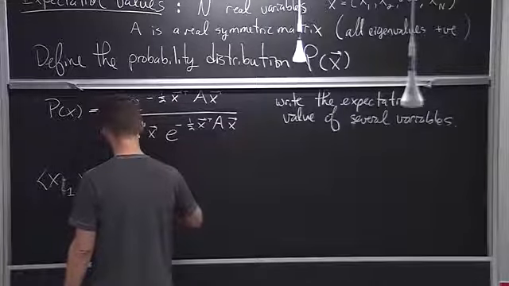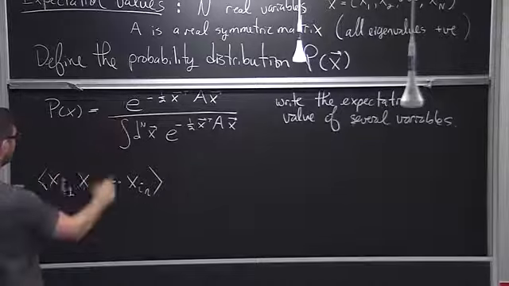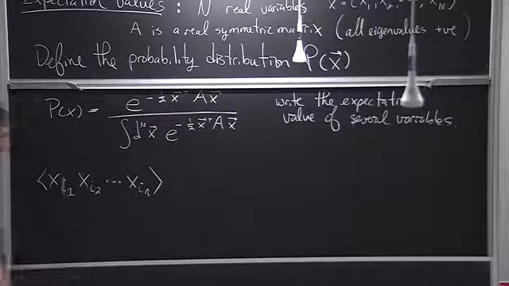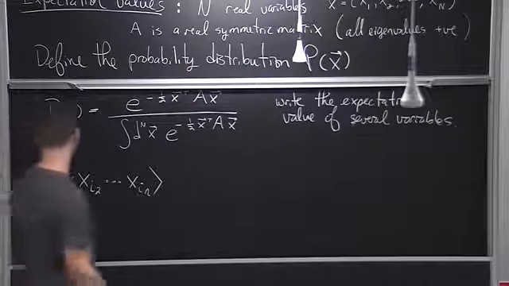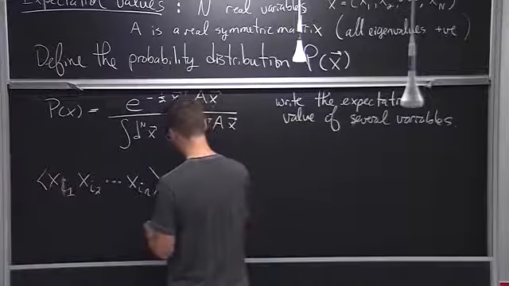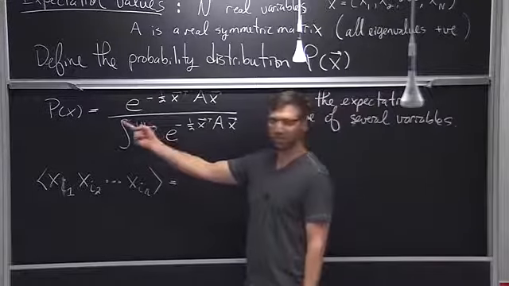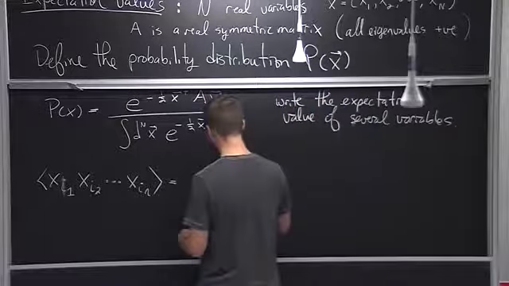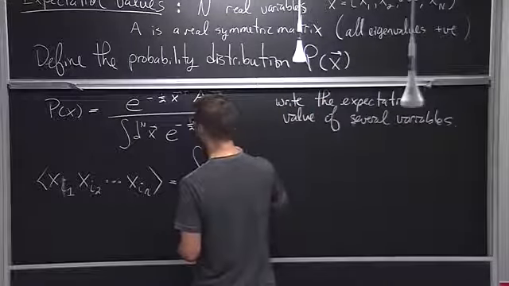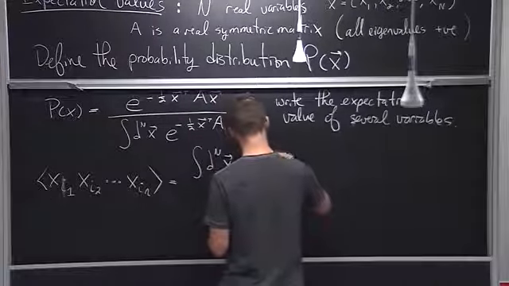So there's big N real variables, but I'm only interested in the correlation function between small n of them. Could be 2, could be 1, but let's deal with even numbers in our mind. So what we're doing is now using this p of x, which is normalized by, quote unquote, the partition function, to write this thing. In the usual way, we integrate over the variables x_i1, x_i2.